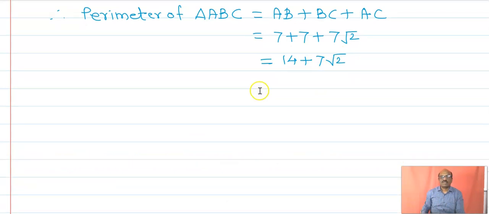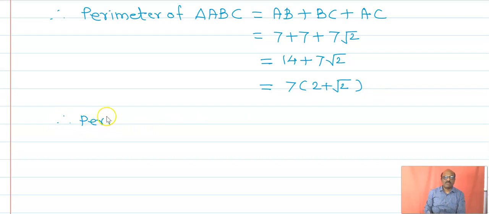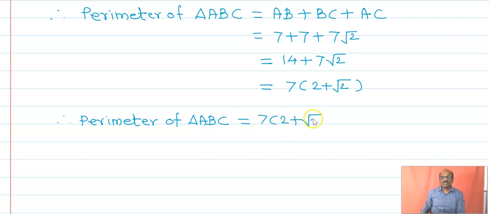Okay, तुम्ही इथे कॉमनही काढू शकता. That is equals to 7 in bracket 2 plus root 2. Okay, and therefore the perimeter of triangle ABC is equals to 7 in bracket 2 plus root 2 centimeter.